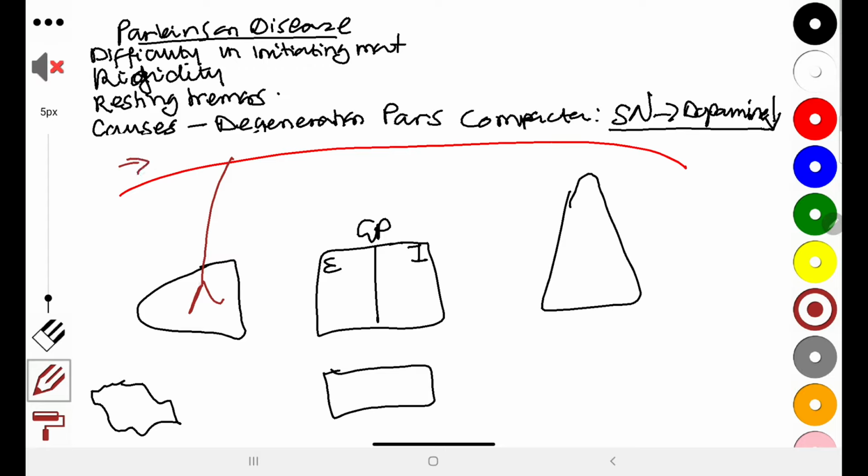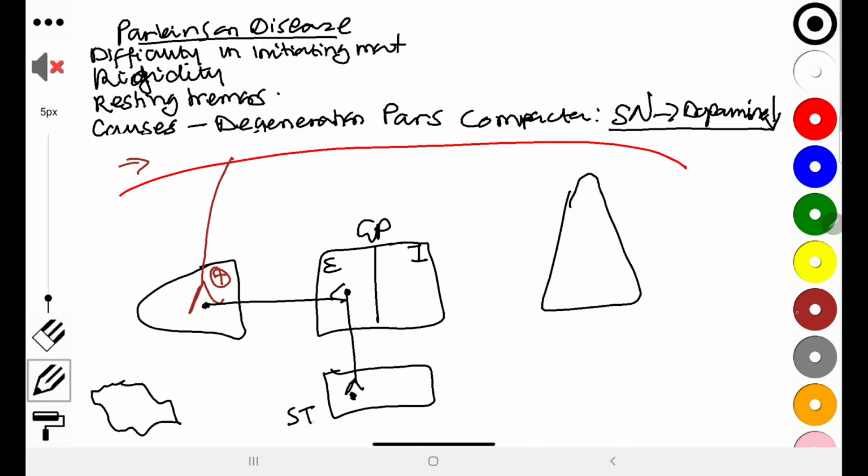We have the striatum that is stimulated, and then the stimulation will lead to more GABA in the externa. When there's more GABA in the externa, we see that there's less GABA in the subthalamus.